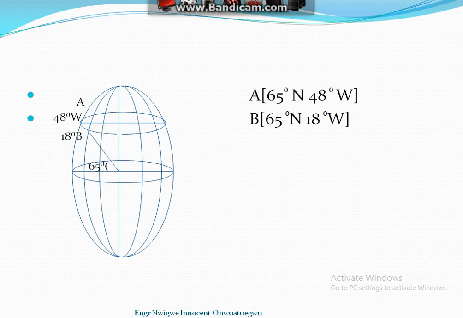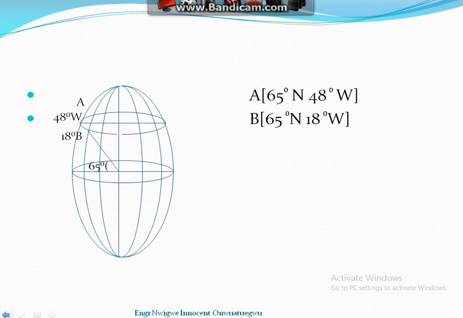We draw a straight line. Then for A, on the small circle, we locate the angle 48 degrees west. We mark our point. For B, we locate the point on the small circle 18 degrees west. Mark the point. That is the practical geometry of the circle, of the location of those points.